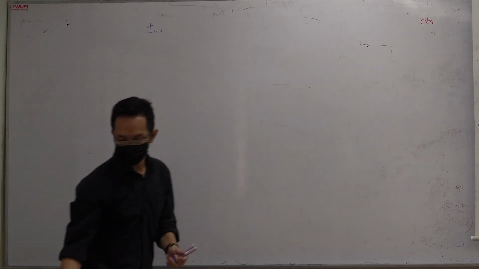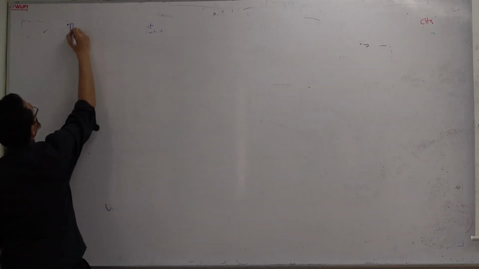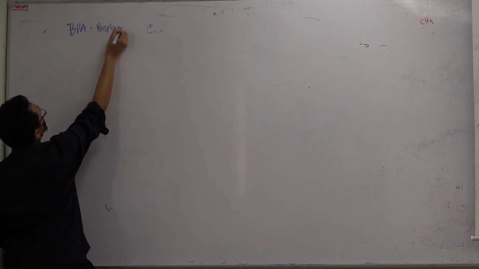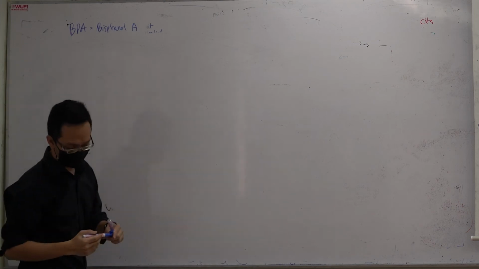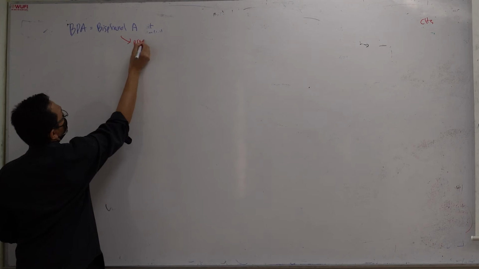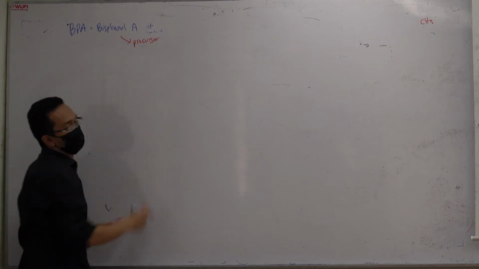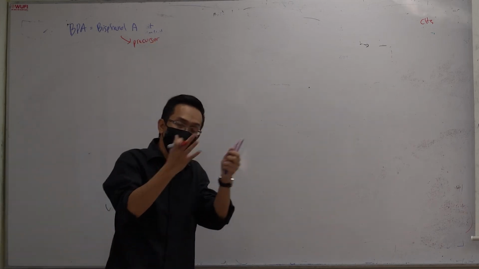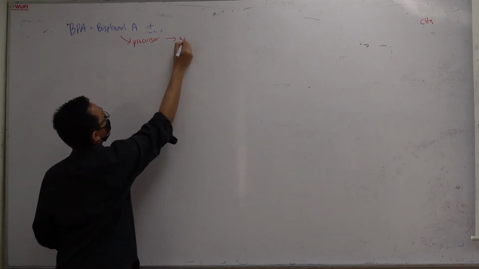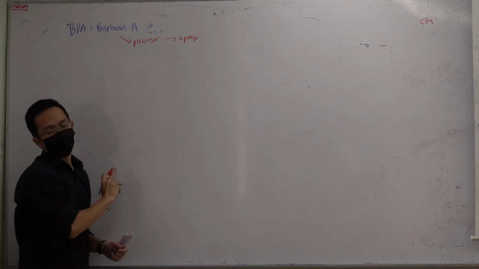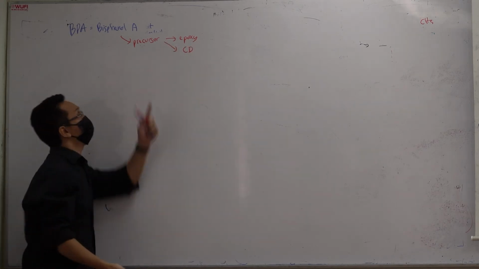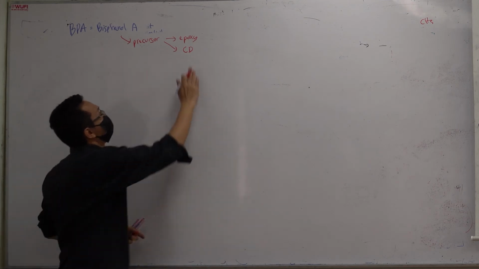BPA stands for bisphenol A. That's a chemical. It's a precursor to many plastics. Meaning that in order to make certain plastics, you need BPA. For example, in order to make epoxy, you need BPA. In order to make a CD or DVD, you need BPA. CD is made from polycarbonate.